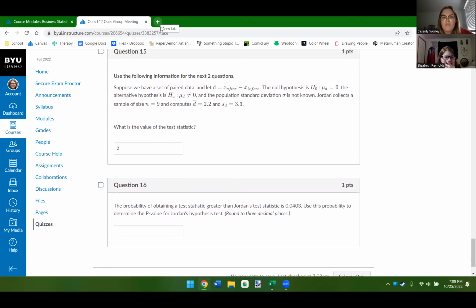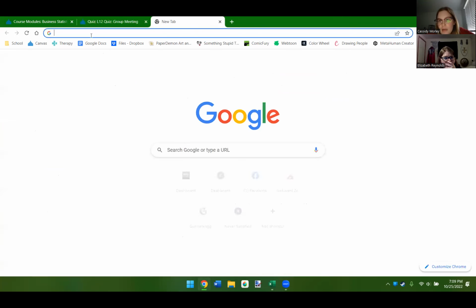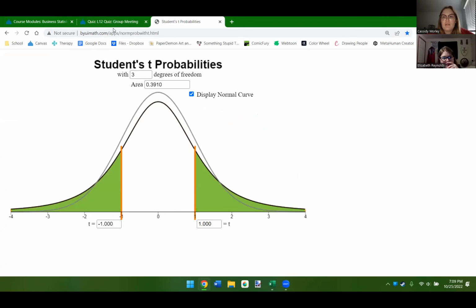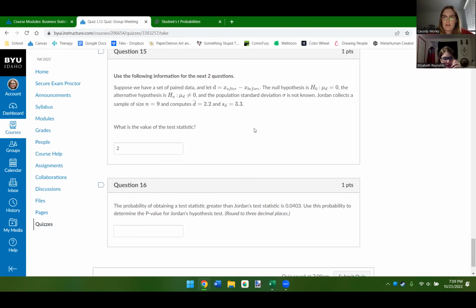I think so. Because I'm getting an area, or is the hypothesis just not equal to, so it's both sides. Yeah, so I'm getting 0.1393.